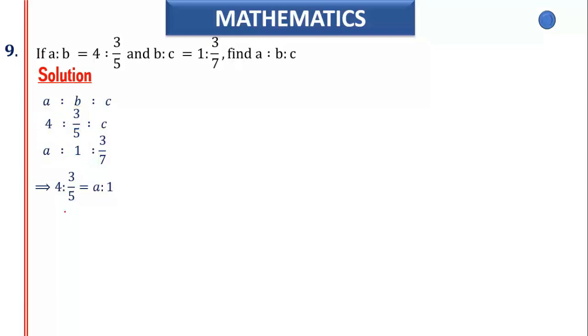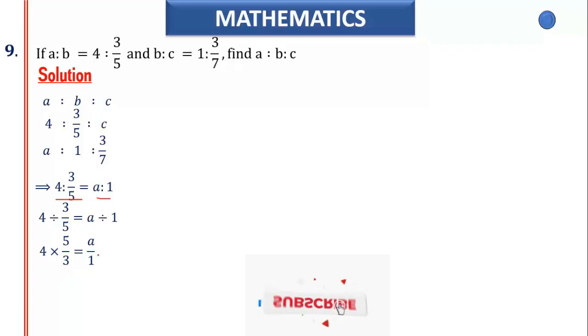Are we still together? So that's what I've done here. 4 ratio 3 over 5 equals A ratio 1. You can write your ratio as division. We all know that ratio means divide. It represents our division sign; in any case, it's equivalent to it. So here we flip the numerator to the denominator and the denominator to the numerator.